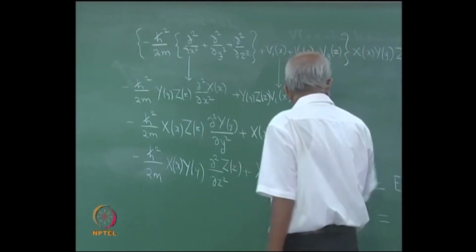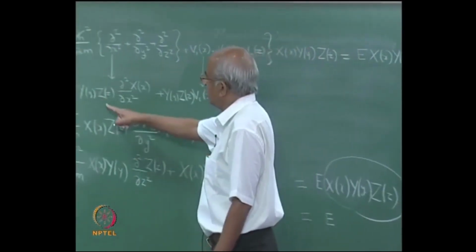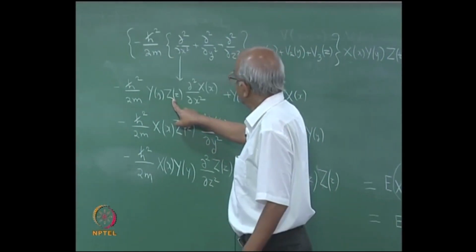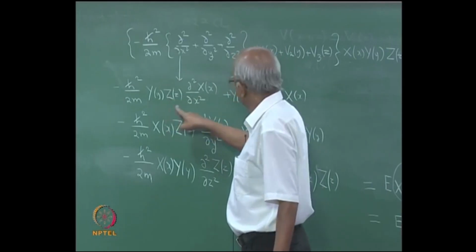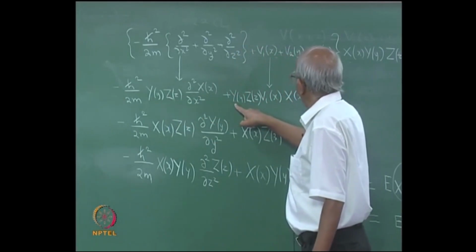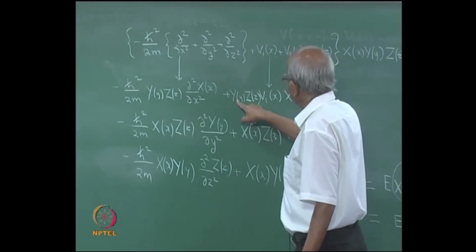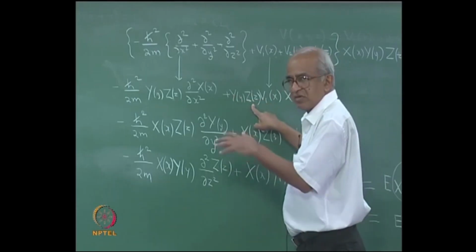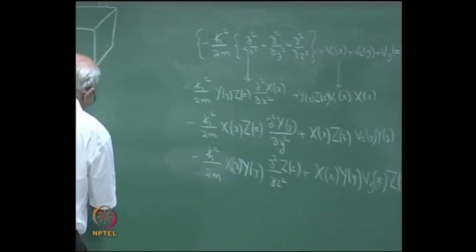I am dividing throughout by capital X into capital Y into capital Z. So, this capital Y and capital Z will go away, but I will have a 1 by capital X sitting here. So, therefore, let me write just those two terms.